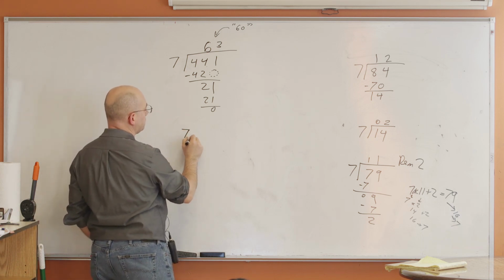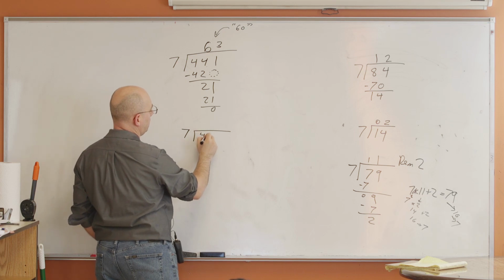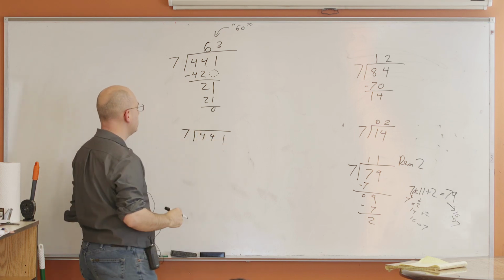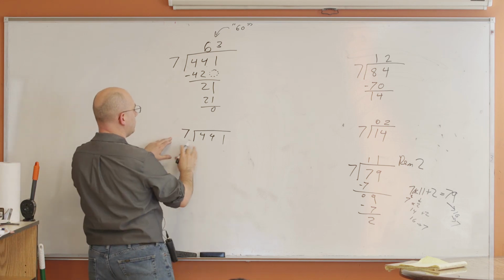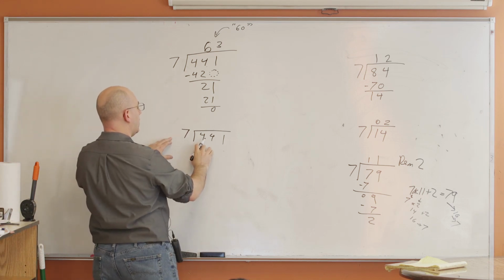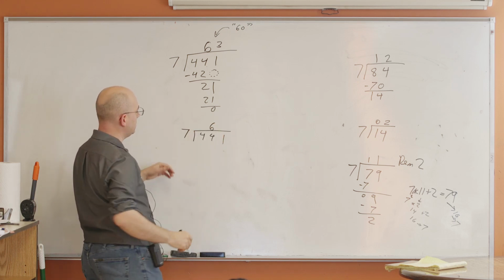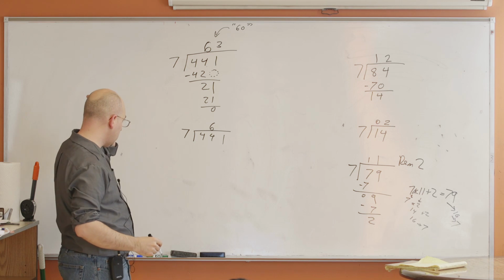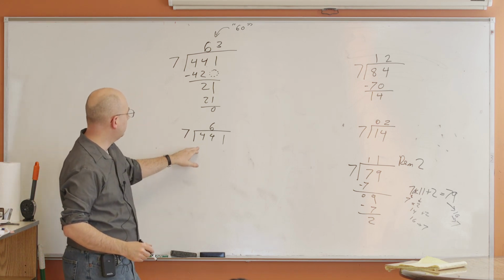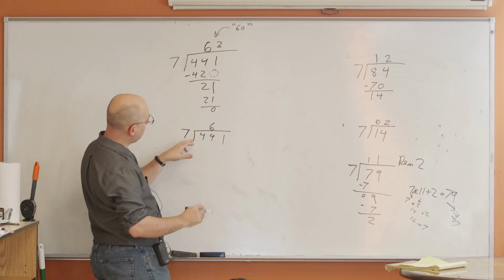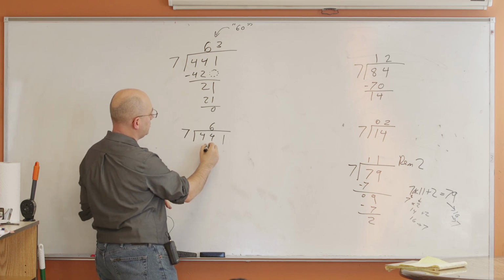Now, you can also do some of this mentally, which is kind of nice. You still start the same way, but 7 times 6, 42. The left digit is 4. You're going to subtract from here. You get a 0. The right digit of 42 is 2. You subtract that from 4, and then you just get 2.